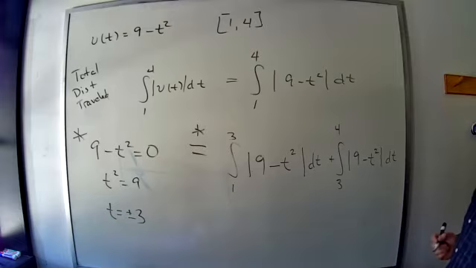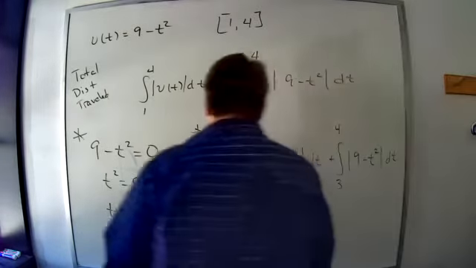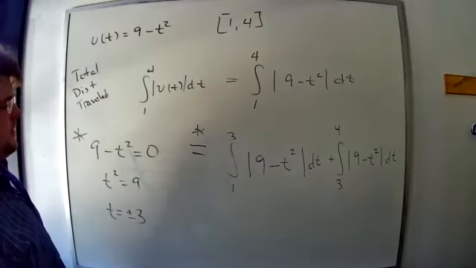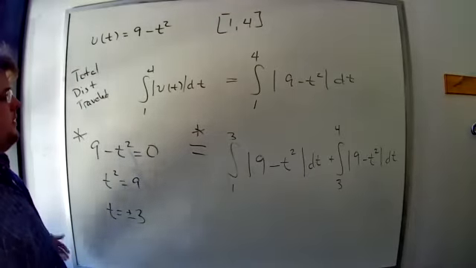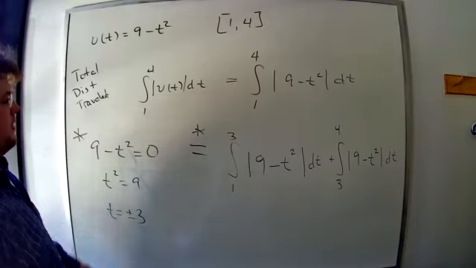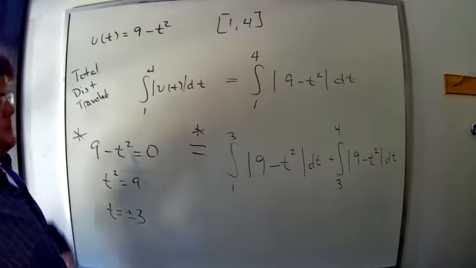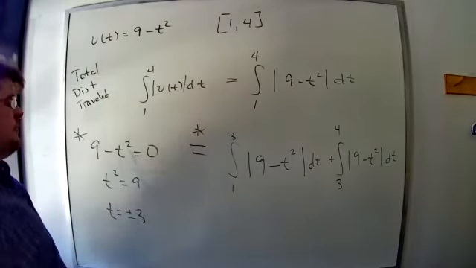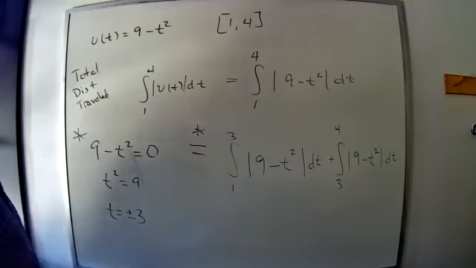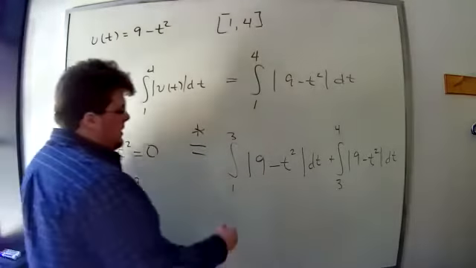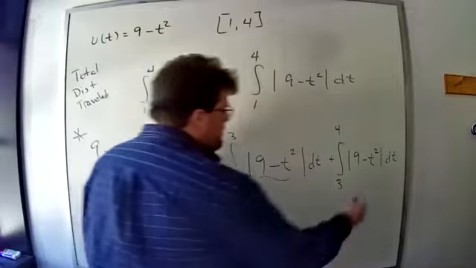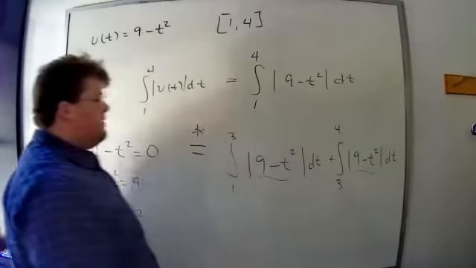Okay, so next we'll take care of the absolute value. How do we take care of the absolute value? Well, the absolute value of a positive number is itself. The absolute value of a negative number is its negative. The absolute value of negative 5 is positive 5. So what we need to do is look at these intervals and see if the inside of this absolute value is positive or negative.